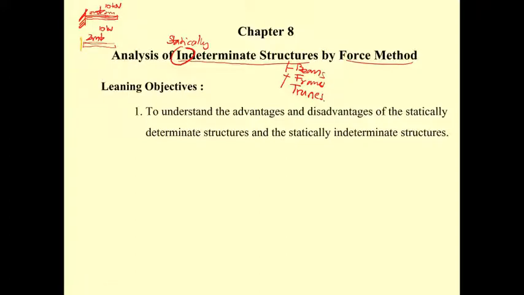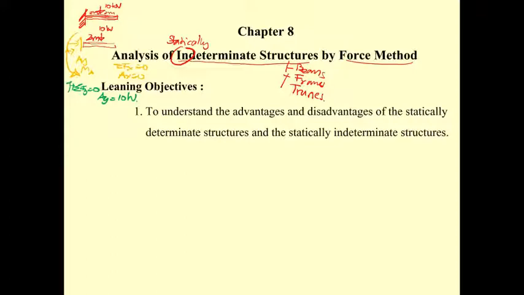It's going to have A sub y, A sub x, and also the moment M sub A here. If you do the summation of F sub x equal to 0, you will get A sub x equal to 0. If you do the summation of F sub y equal to 0, with up as positive, your A sub y is going to be 10 kilonewton.